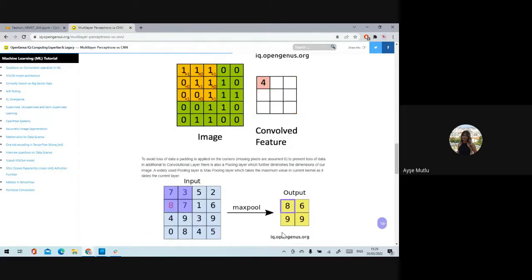You might have seen max pooling: we apply max pooling to reduce the dimension, and we get the output.